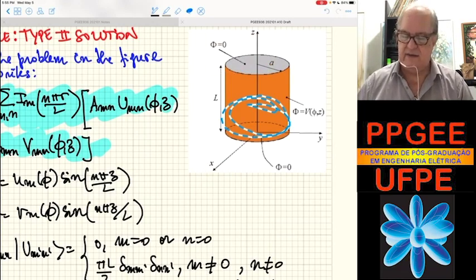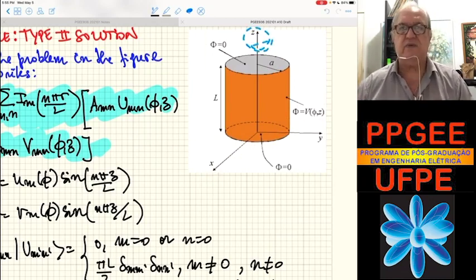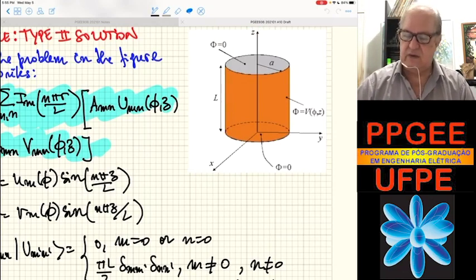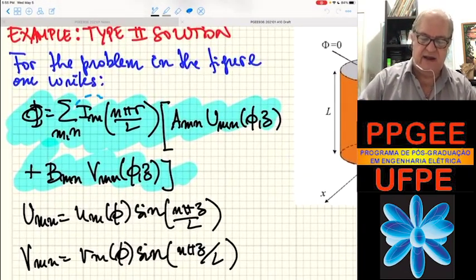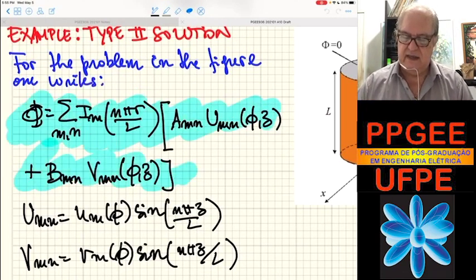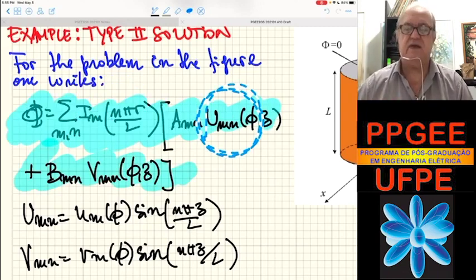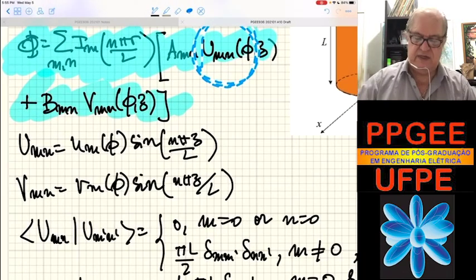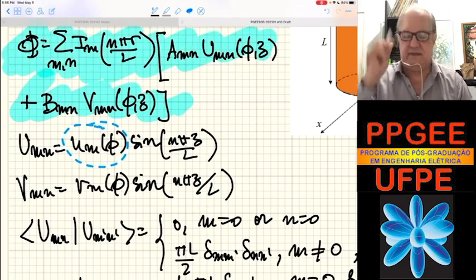relative to phi. Okay. Now, notice also that we have the z-axis included, so the radial function cannot have a singularity at r equals 0 on the z-axis. So the function for this case is going to be the modified Bessel function as a function of r, and you have those new functions here, U and capital V, which are, you know, simple definitions.